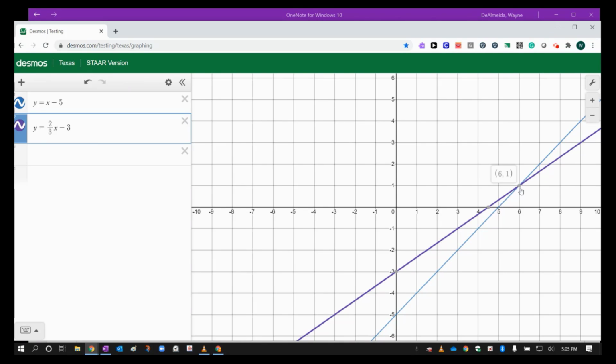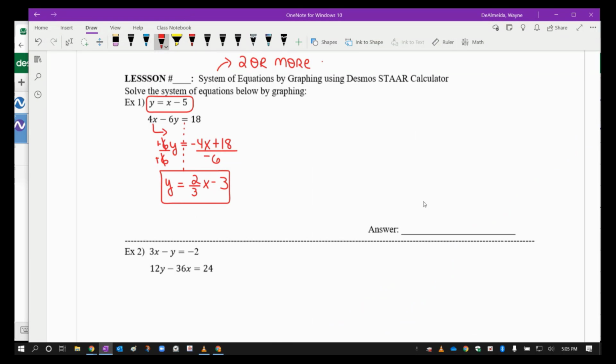That is what we're looking for. We're looking where the two lines cross, and they cross at 6, 1. So that means our answer is 6, comma 1.